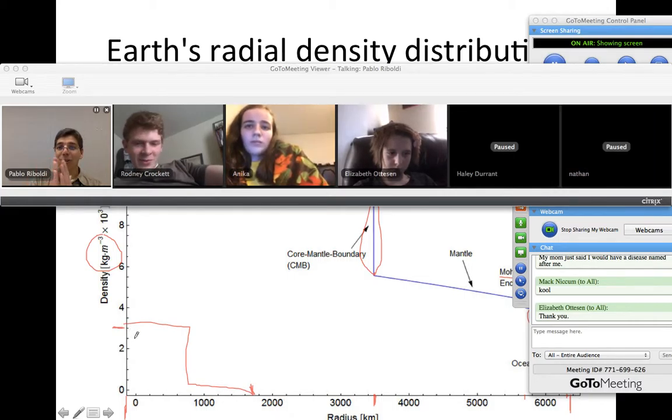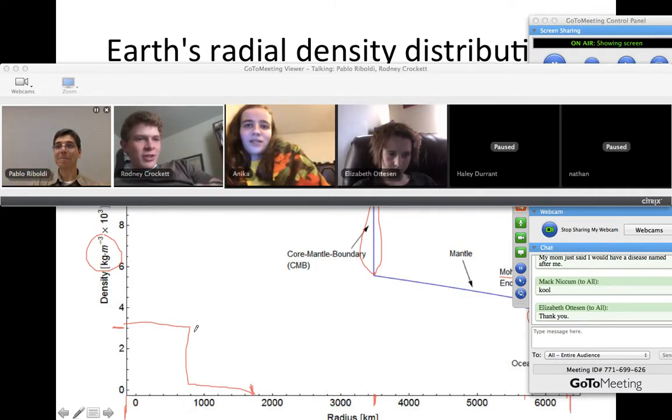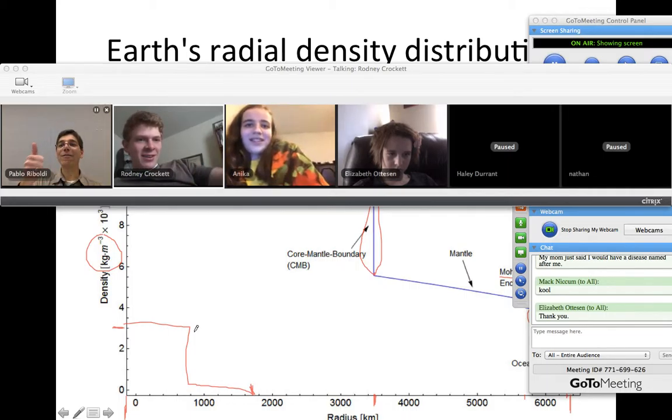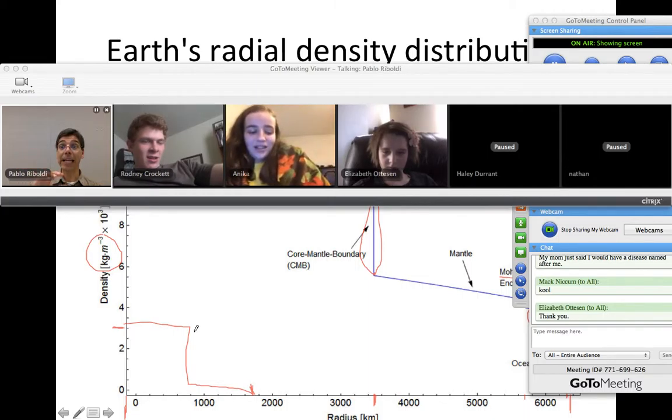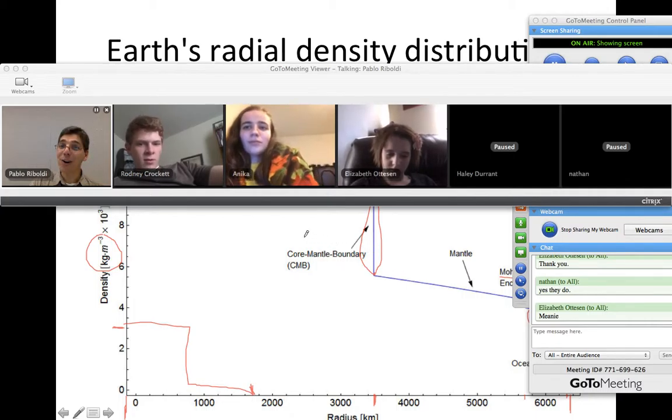Can you see that the part right there between water and oil, you have a discontinuity. So really, a jump. Elements change all of a sudden. They change a lot in density. So the density of the mantle is a lot different because it's a lot lighter than the density of the core.